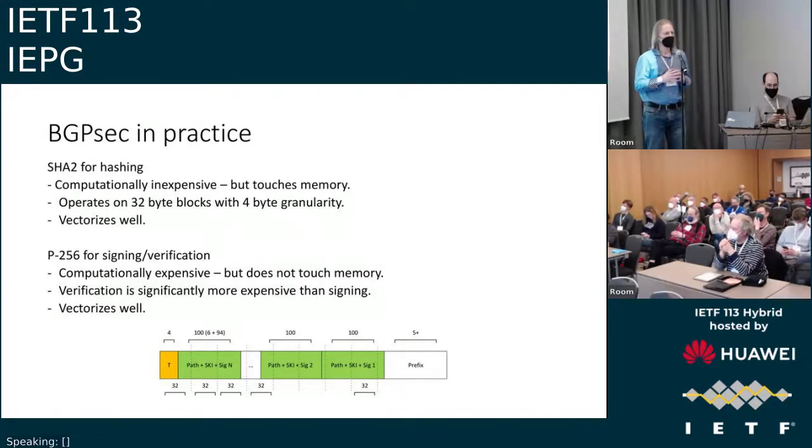While you have to do more arithmetic operations on large integers, you can do that as fast as your underlying platform allows. Whereas for hashing, you are limited by the memory bandwidth. There are certain ways that you can work around that, but the general trend is that the longer your AS path, the longer your BGPsec path gets, the more time you will spend on calculating the hash value than on calculating or validating the signature.